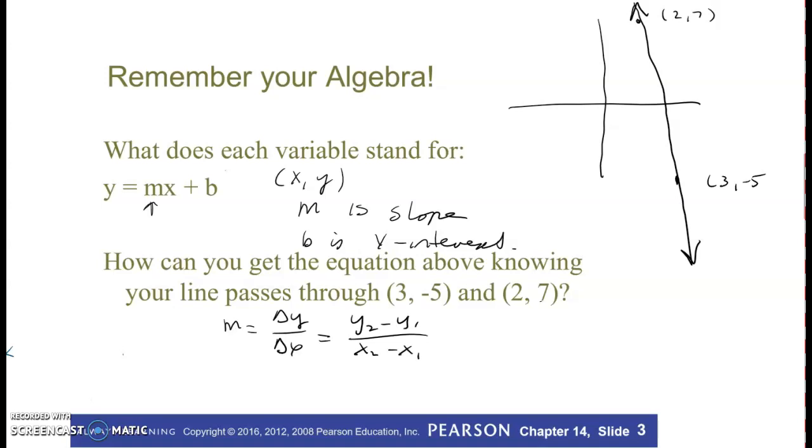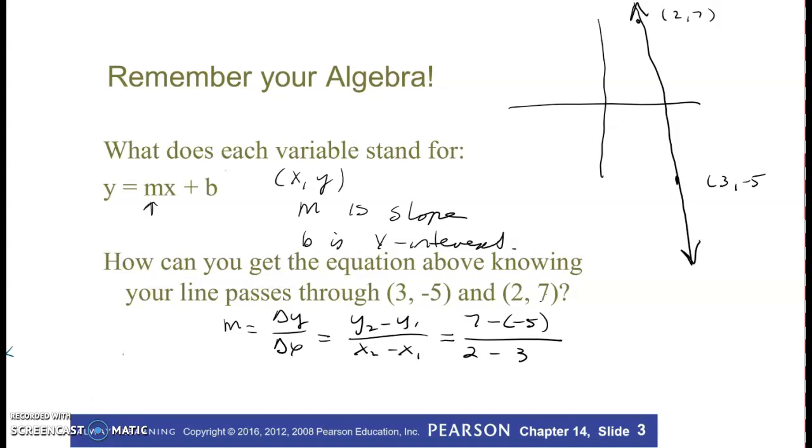So for this particular equation, we would have 7 minus -5 over 2 minus 3. Remember, it doesn't matter which of these points you start with, but if you're going to subtract 7 minus -5, then you have to be consistent for the x values in the denominator.